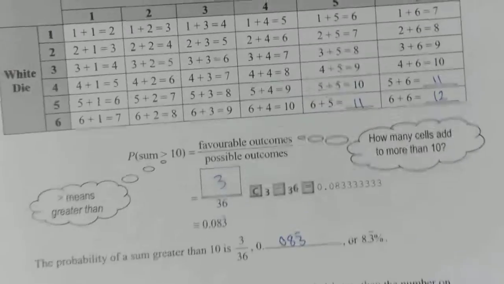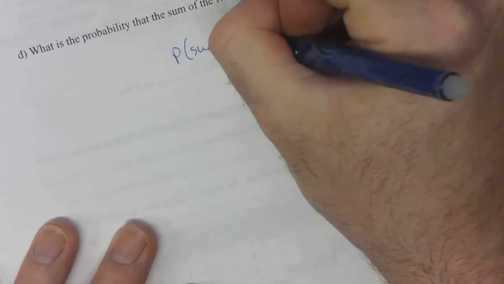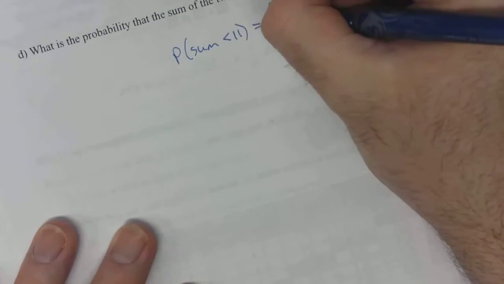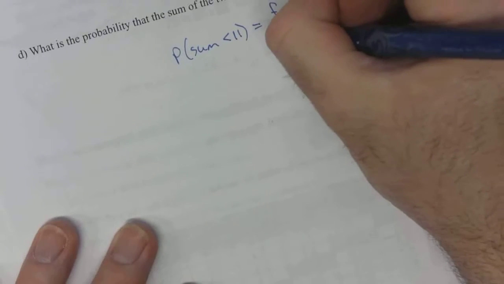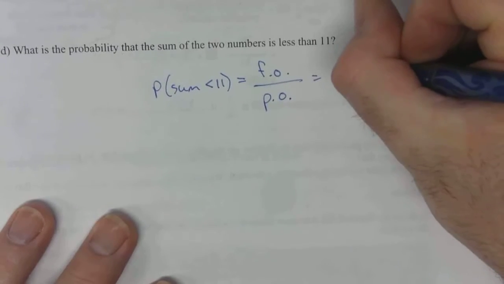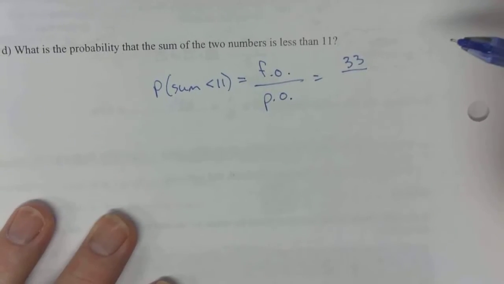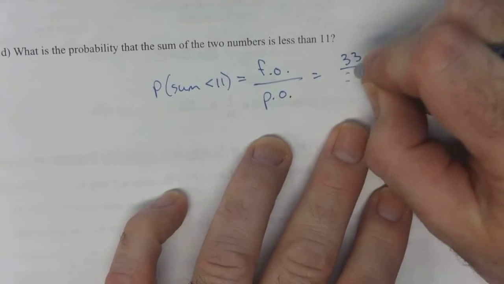So we can use that. So the probability that the sum is less than 11 is equal to the favorable outcomes divided by the possible outcomes. Favorable, I said, was 33. Possible is 30, sorry, not 30, it's 36.